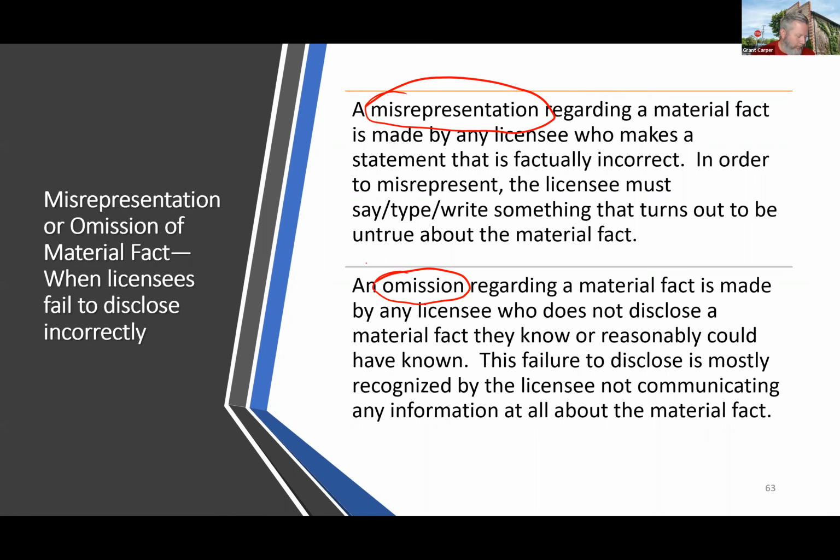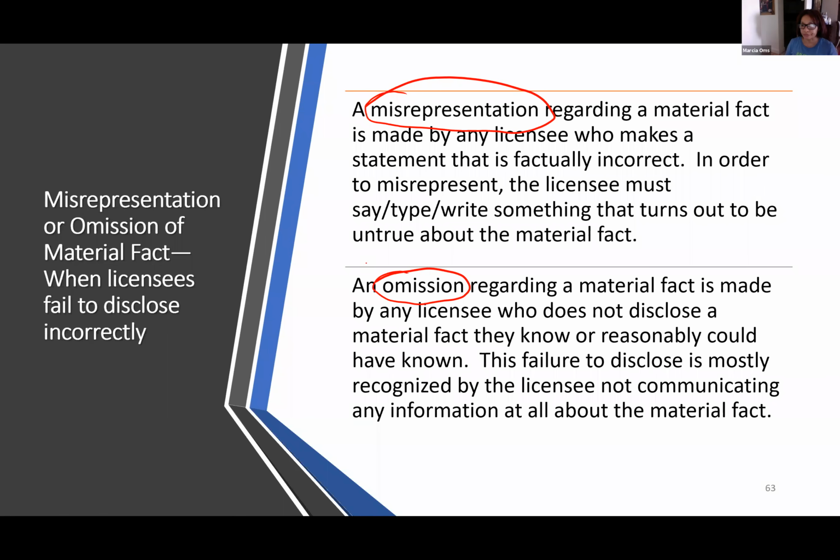Anytime incorrect information is given, that is called a misrepresentation. Are we all good on that? An omission is leaving out information that should have been given. If the roof leaks, should that information be given to a buyer?